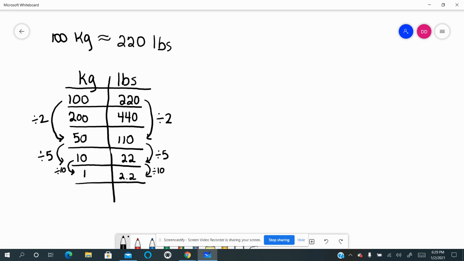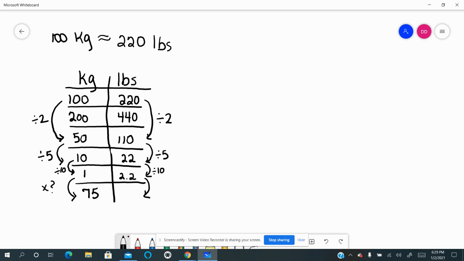The good thing about a unit rate is once you have it, you can scale back up. So let's say I heard of someone who weighed 75 kilograms, and I want to figure out how many pounds that would be. So I look at my left side and I see that this number is being scaled up. So it's being multiplied by something. And I'm asking myself what it's being multiplied by. 1 times what number is 75?